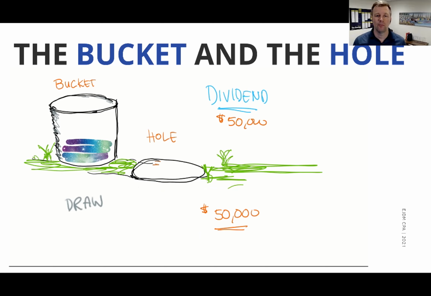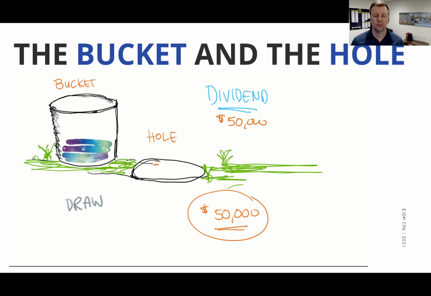Many people do this over and over again each year, digging a hole, filling it back in, digging a hole, filling it back in. The problem comes when I actually dig that hole a little too deep, and this 50,000 is more than the equity left in the company. Because what a dividend does is it says, hey, company has some equity, let's take it and give it back out to the shareholder.